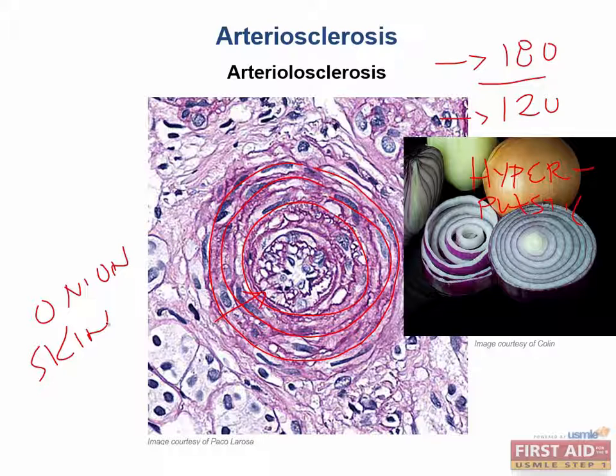So fibrinoid necrosis is also the result of this process. Fibrinoid necrosis refers to the fact that damage to the vessel wall will allow fibrin to sneak into these onion skin layers. The fibrin can deposit around these layers and you get the fibrinoid necrosis that's associated with onion skinning from very, very elevated blood pressures.